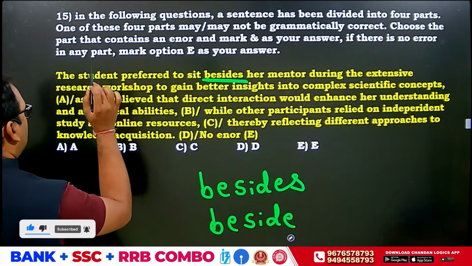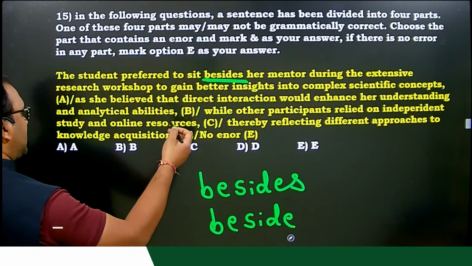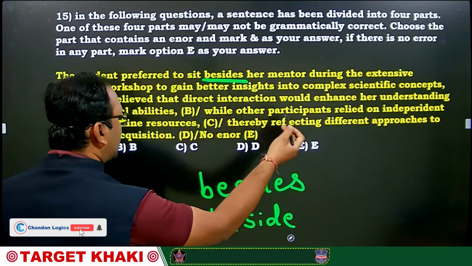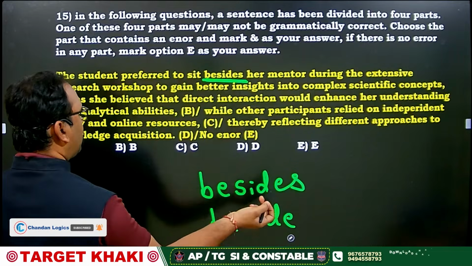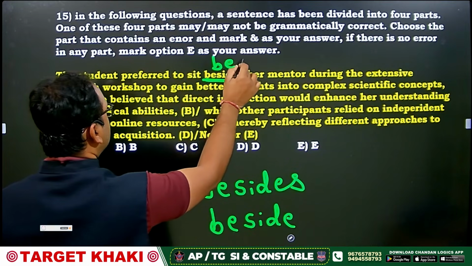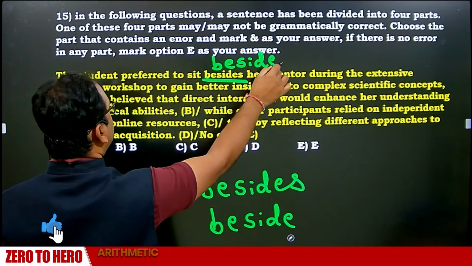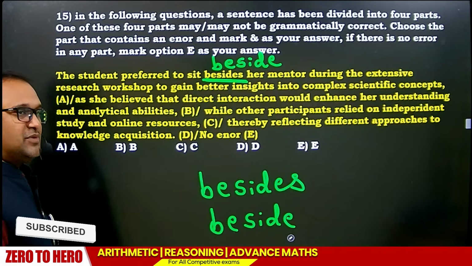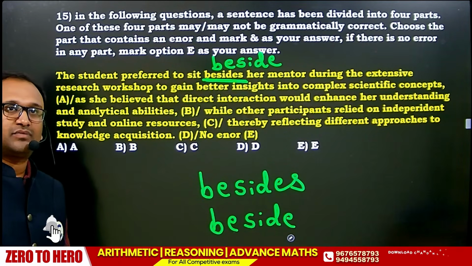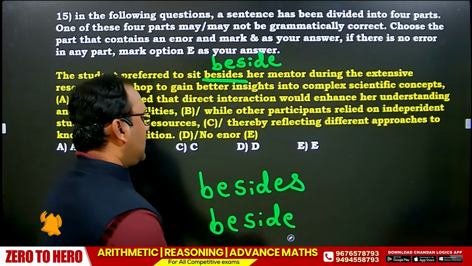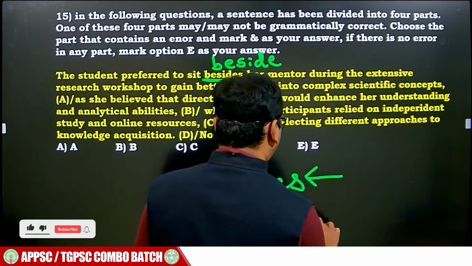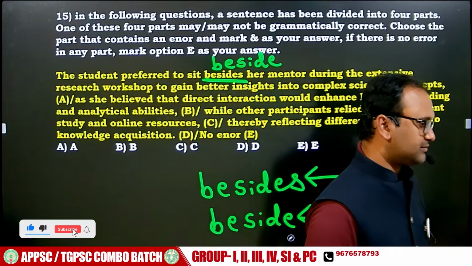You're talking about the student who wants to sit with her mother, or mentor, sorry, not mother, mentor. So here the better word is beside. It is not besides. I'm sure everybody knows this, correct? What is the difference between besides and beside?